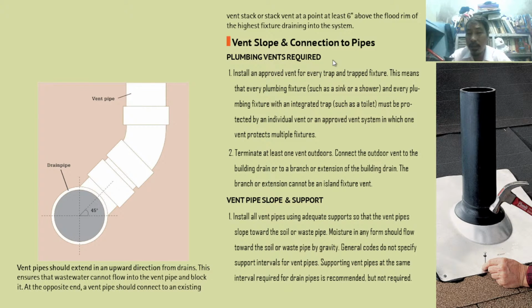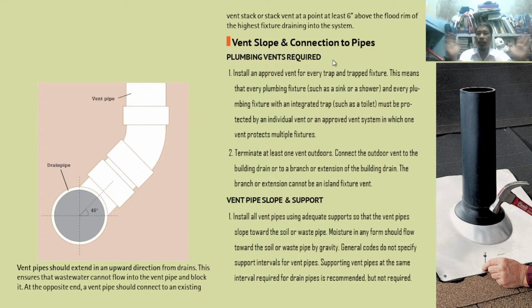Number 2, terminate at least one vent outdoors. At least one vent outdoors, because this is a series of connected pipes going outside, and even if only one vent is connected outdoors, every connected pipe to that would flow.